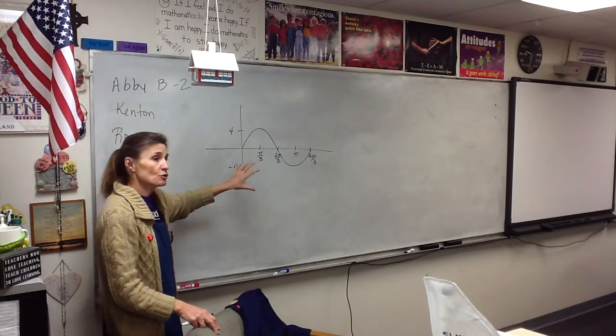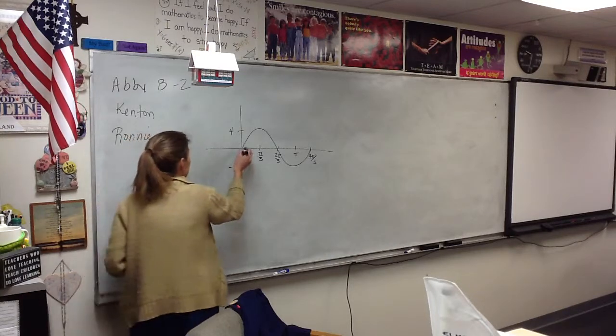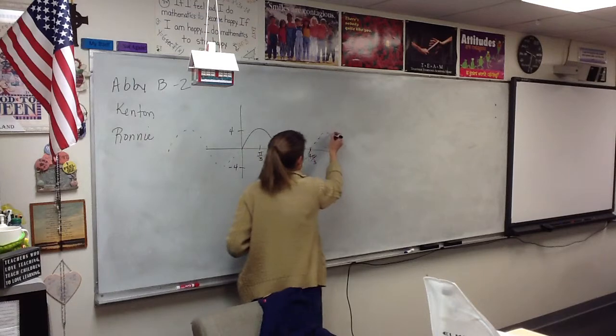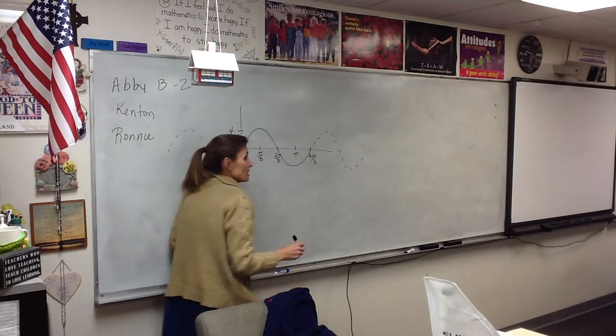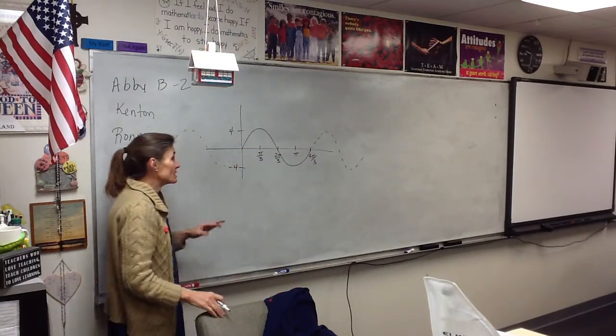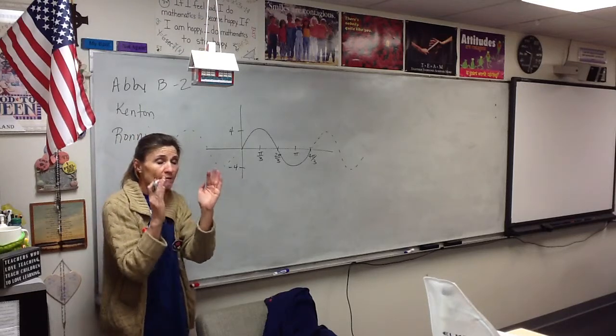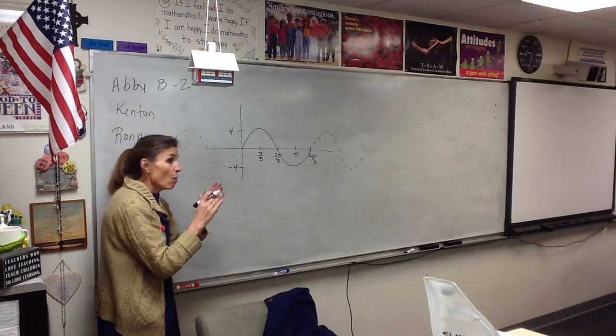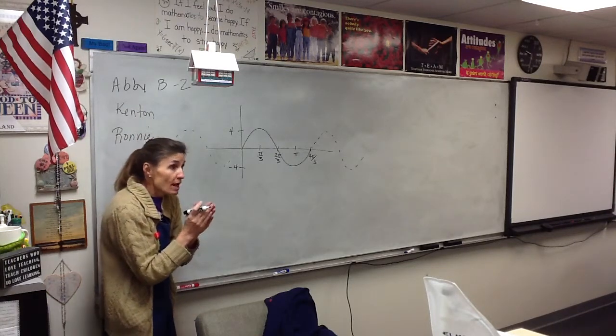The reason you're going to write two equations is you understand that this goes on forever and ever and ever. Depending on what part of this you look at, it could be a sine or a cosine.